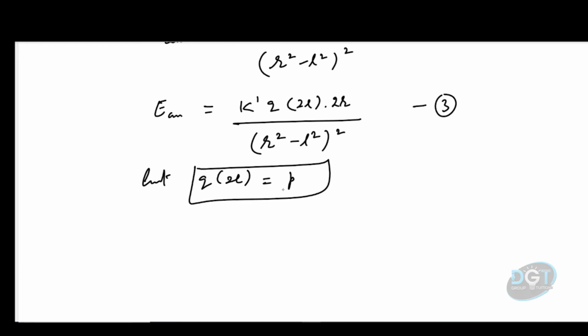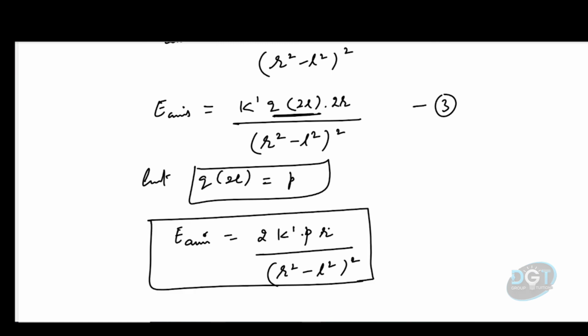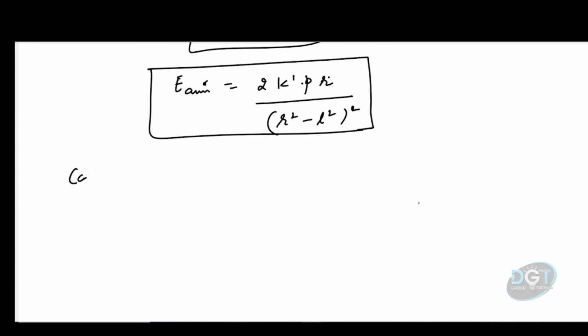If we put P in place of 2QL, then we get K dash P into 2r, which we can write as 2K dash P r, whole divided by r square minus L square whole square. This is the general expression for the electric field at any axial point due to an electric dipole.